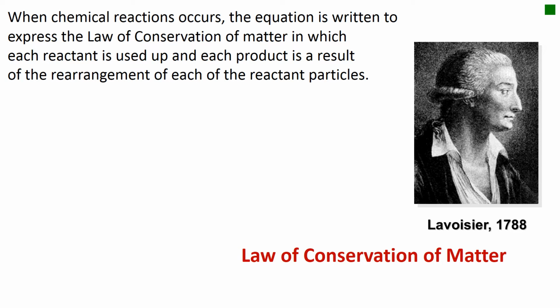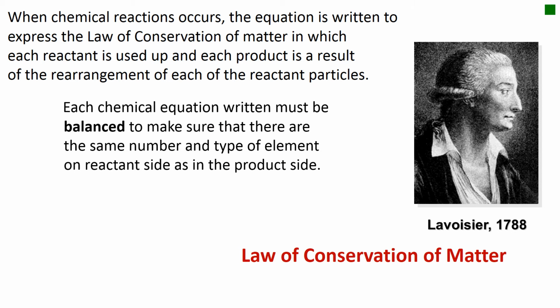All we're saying here is that what you start with, you're going to have the same amount of matter that you end up with. It might be in a different form, but the actual amount is the same. So we write each chemical equation and balance it to make sure that there are the same number and type of element on the reactant side as the product side, even if it's in a different chemical compound.